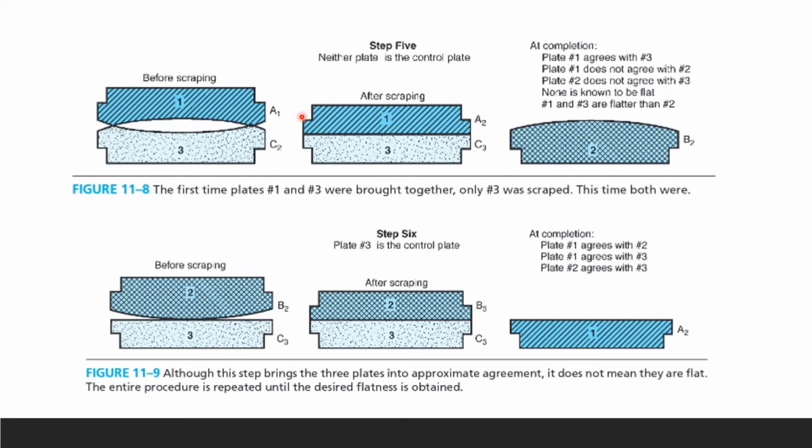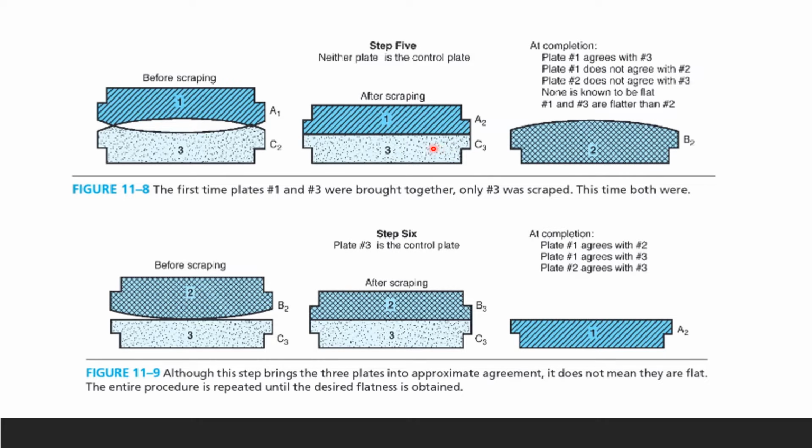Step 5, we continue. So that's before scraping and this is after. None of them is the control plate. After scraping, we look at the agreement again. So the first time, plate number 1 and number 3 were brought together. So what we're doing is we're scraping 2 plates at a time and rotating them, okay? So that's what you see.